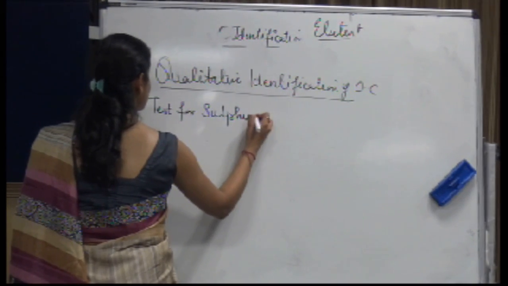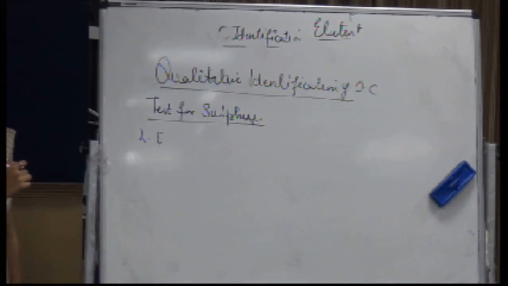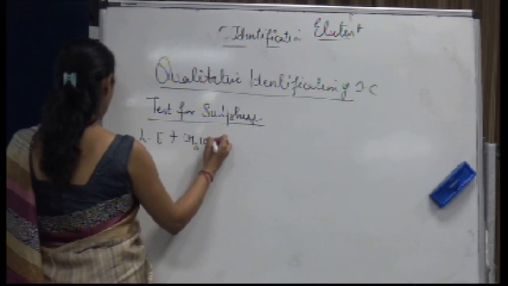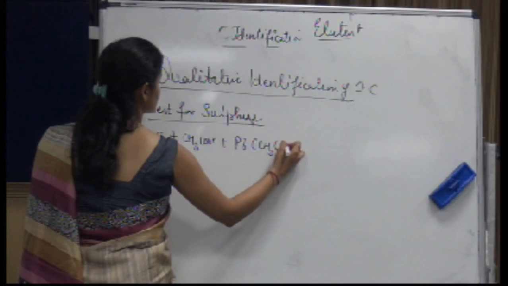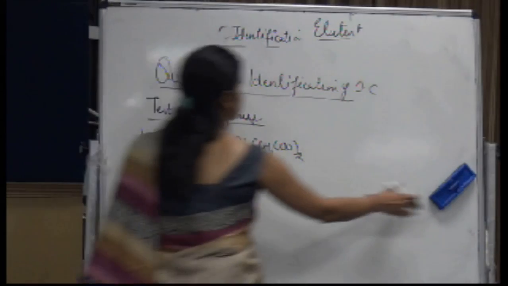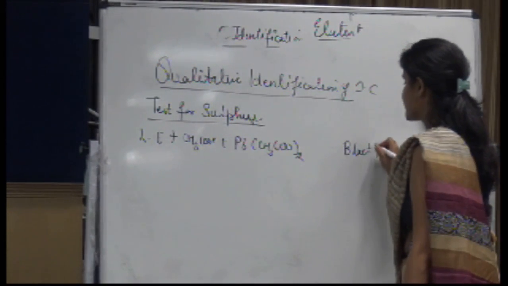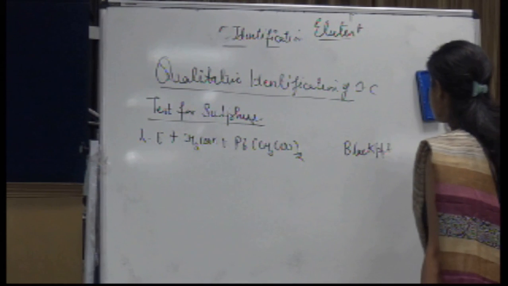For this, I'll take 1 to 2 ml Lassaigne's extract, then add some acetic acid to it, and then add lead acetate. If I get a black precipitate, that means sulphur is present.